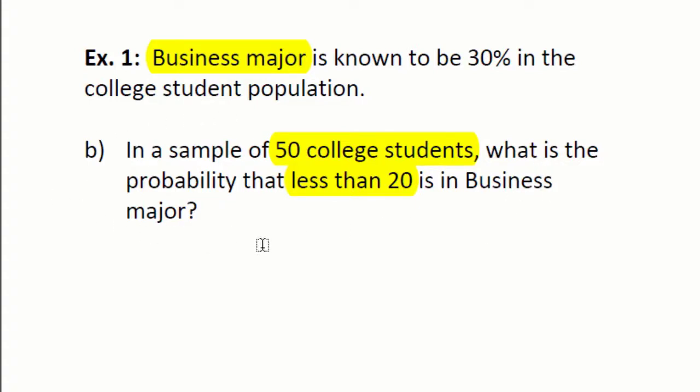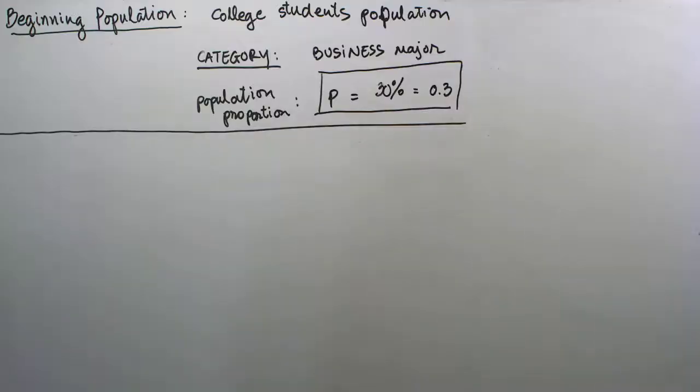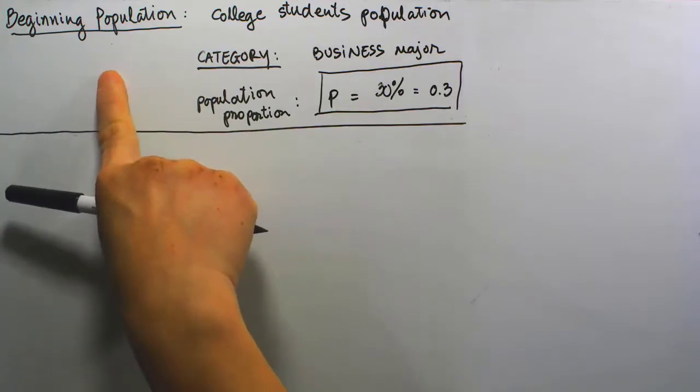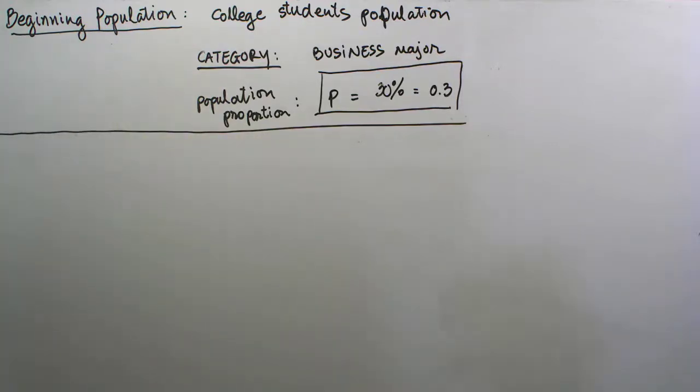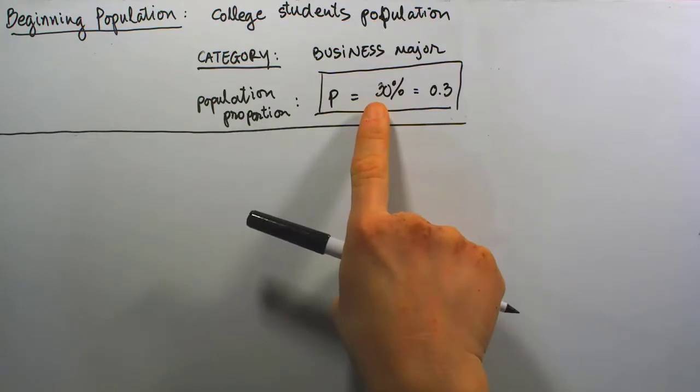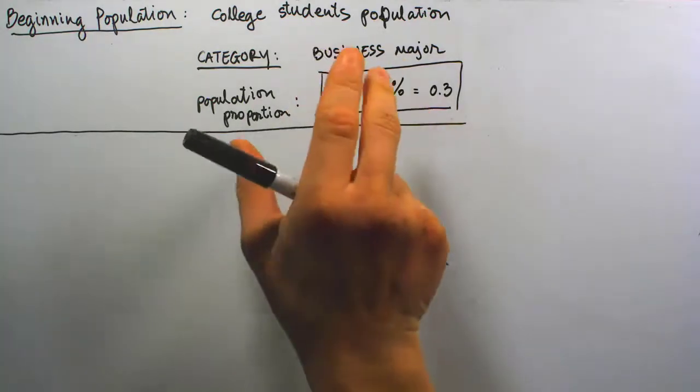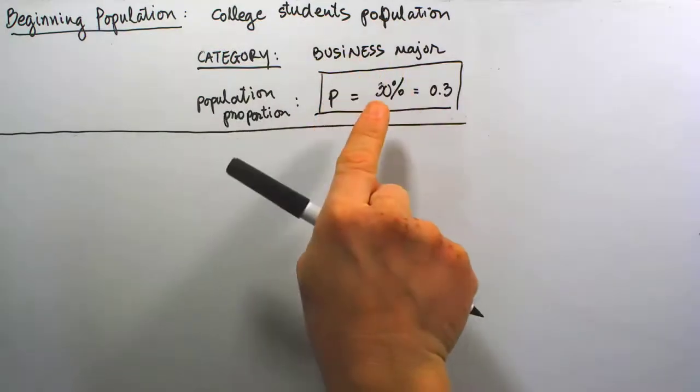So now back on my board, I have retained all of that information regarding the beginning population. We still have that same population proportion of 30%, and now we're going to draw samples out of this beginning population.